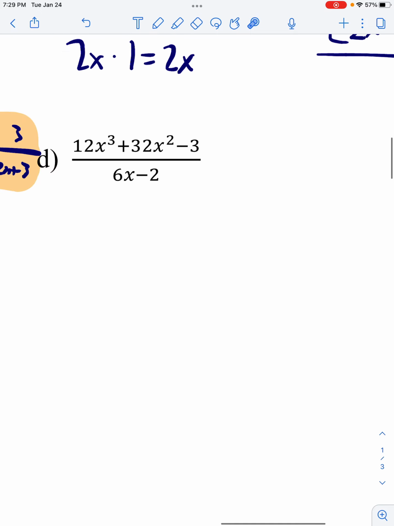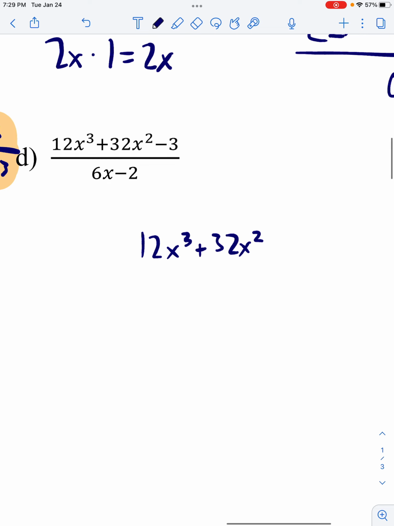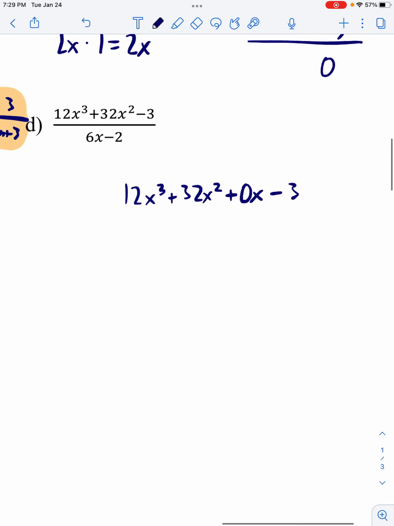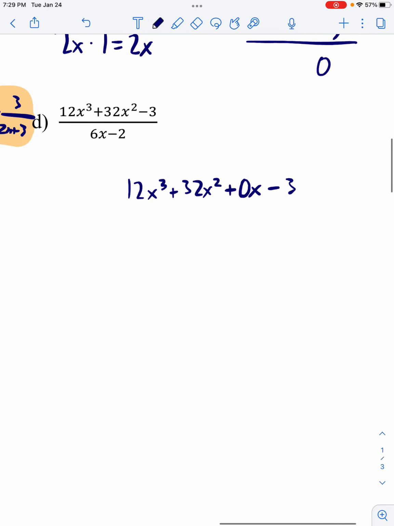What we've got to do, when we're setting up our division problem and writing out that top fraction, is write in a 0x. For any missing terms, you just write them in as 0 times that missing variable, okay? If you don't, the algorithm won't work. So that's a really important detail.